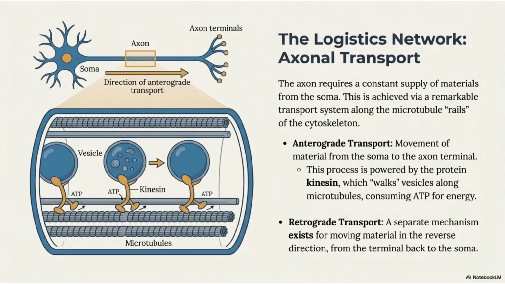This process is powered by the protein kinesin, which literally walks vesicles along the microtubules, consuming ATP for every step. Conversely, retrograde transport provides a separate mechanism for moving material in the reverse direction, sending signals from the terminal back to the soma.